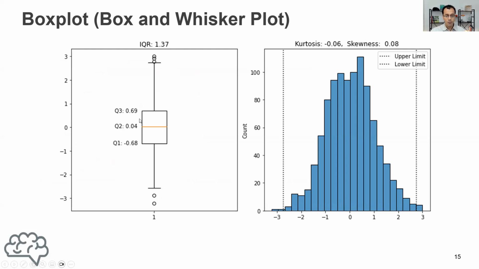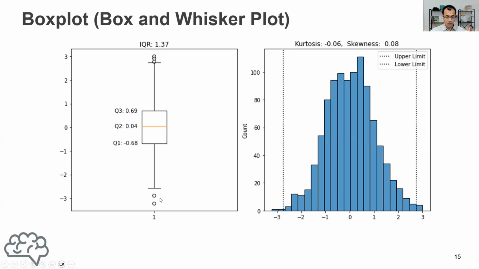And here on the left, we have the box plot for this distribution. What we can see is the minimal value, excluding what has been identified as the outliers. And this dashed line here separates what has been defined as outliers from the left side and from the right side of the distribution.